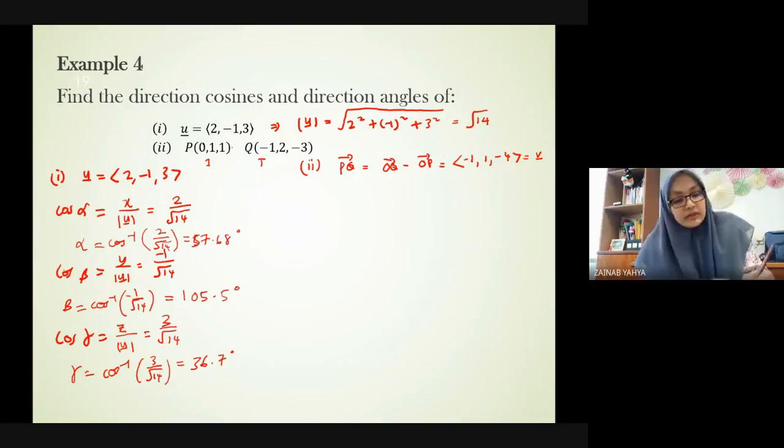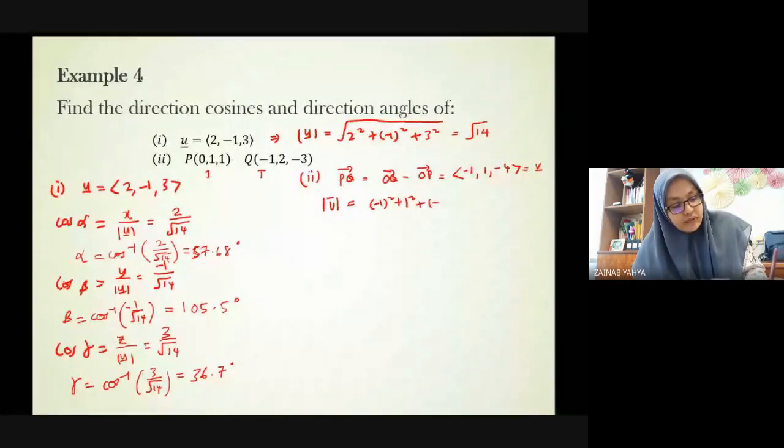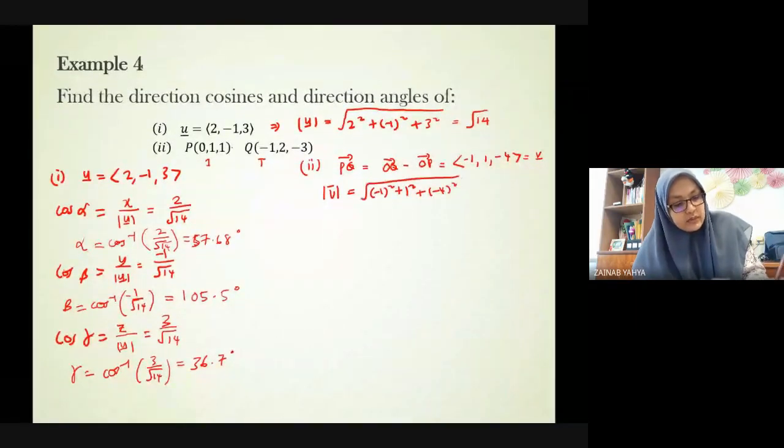Now find the magnitude of V. So -1 squared plus 1 squared plus -4 squared. So the answer is square root 18. Very good.